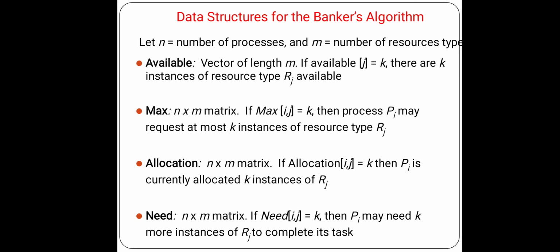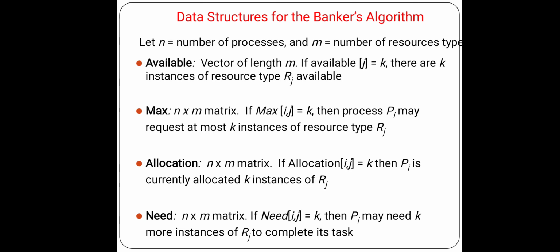If available[j] is equal to k, there are k instances of resource type Rj available. Here k means the number of instances of resource type Rj. I mean, if k is 3, Rj is a printer. We have 3 printers available.